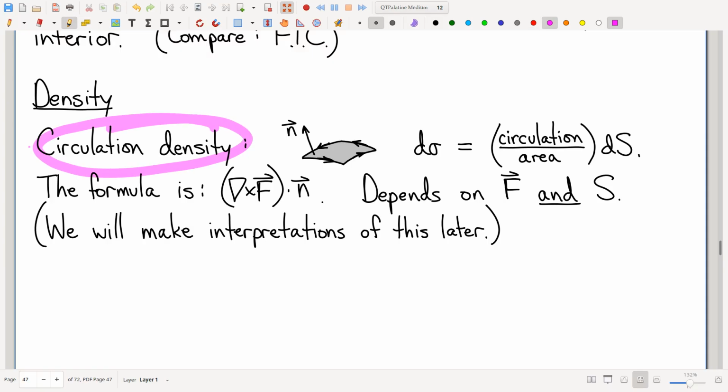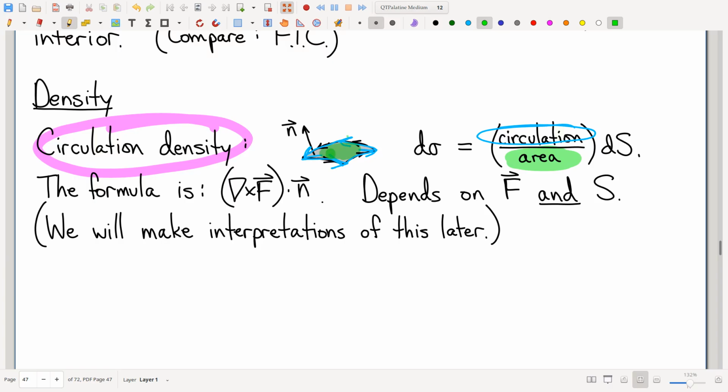Circulation density. Let's be precise about what that is. Circulation density means circulation per unit area. That's what density means, right? Stuff per unit size.